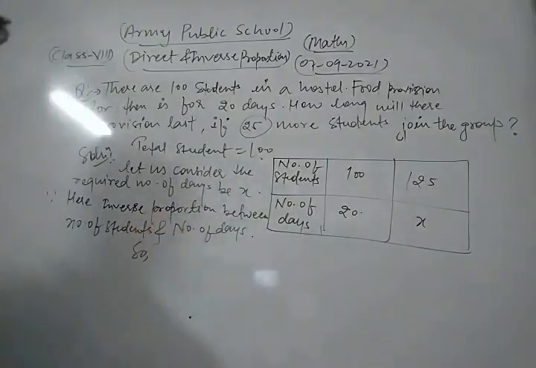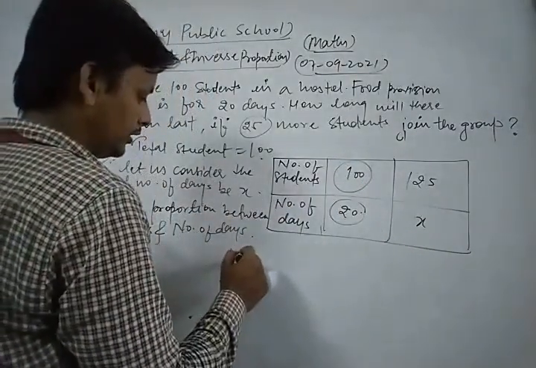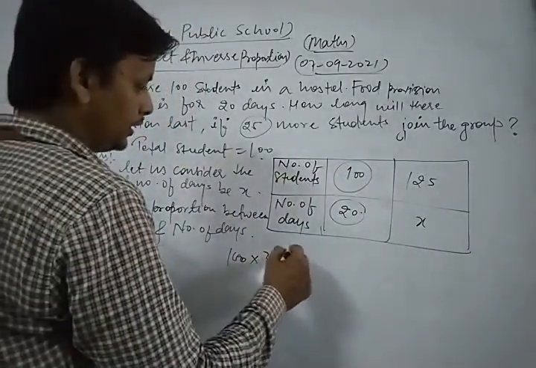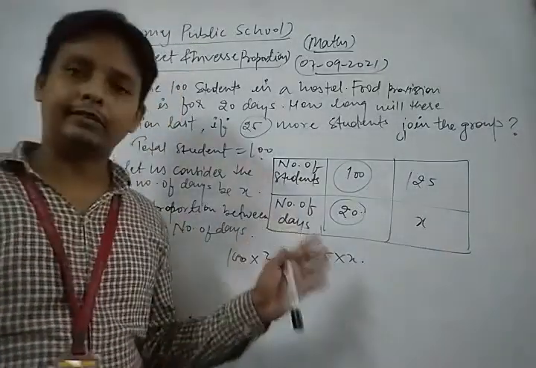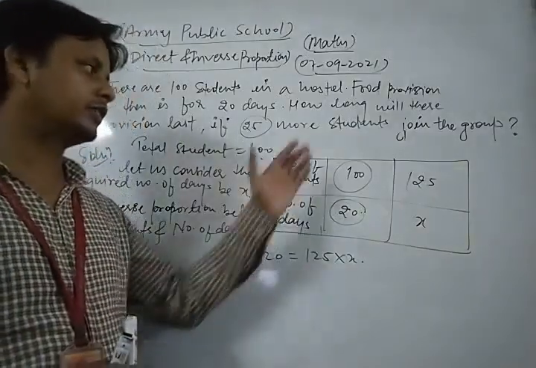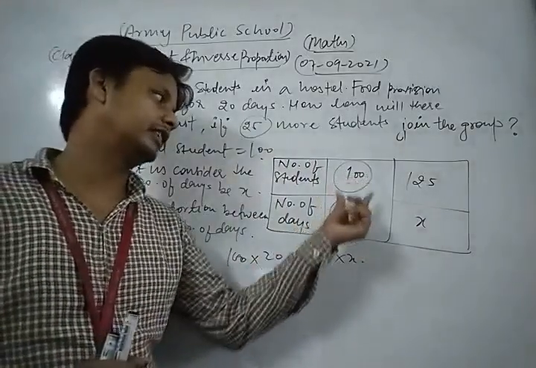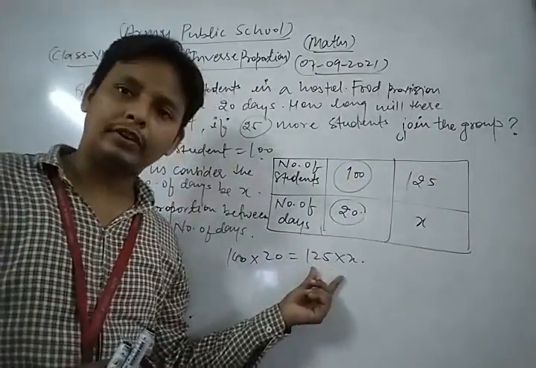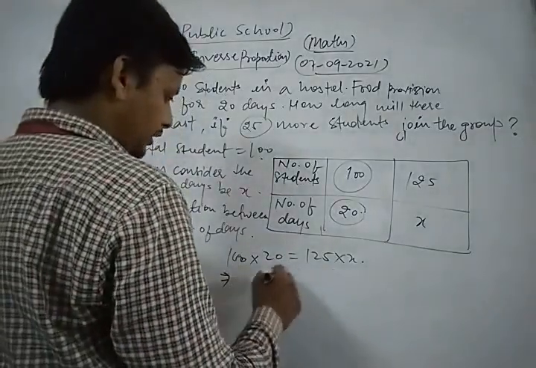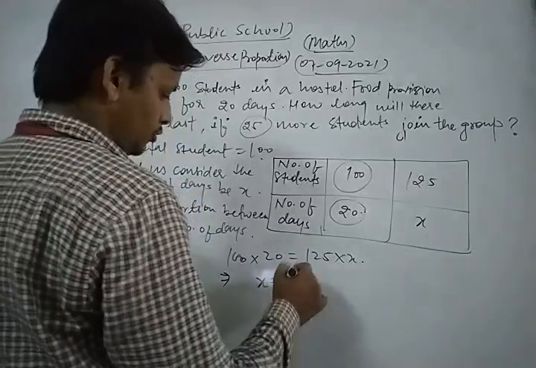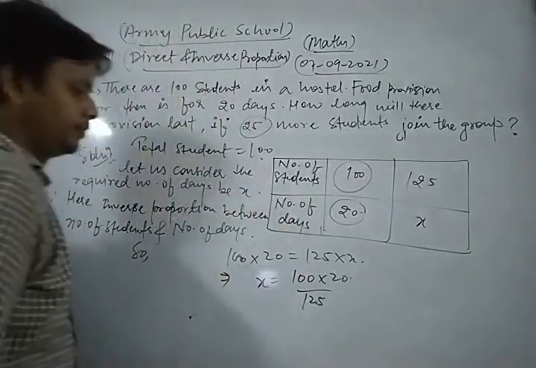So we do 100 into 20 is equal to 125 into x, because there is inverse proportion, and in that proportion we just multiply both quantities and take them equal to each other. Now we simplify: x is equal to 100 into 20 upon 125.